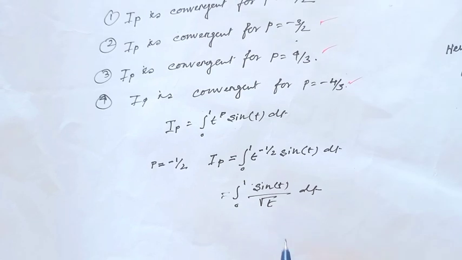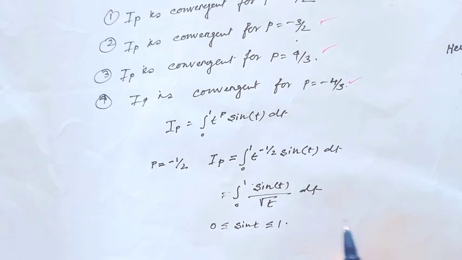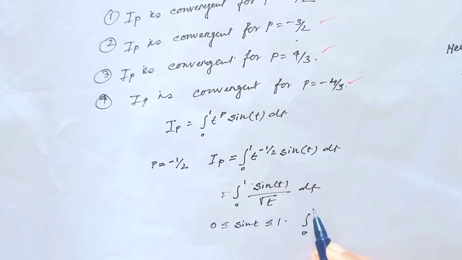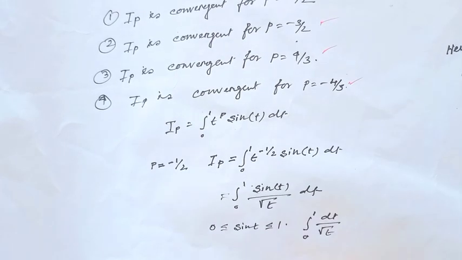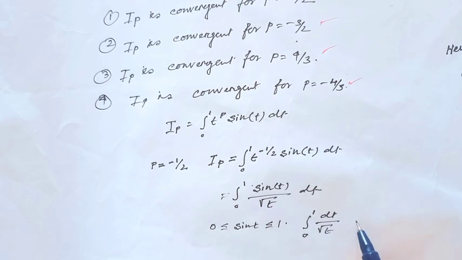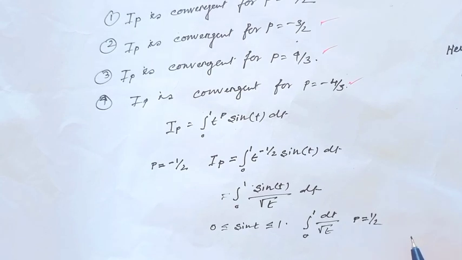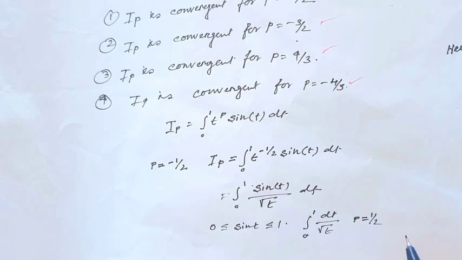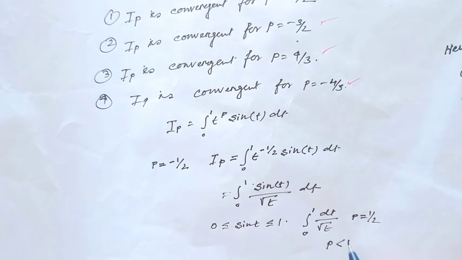And all of us know 0 is less than or equal to sin t, which is less than or equal to 1, so this is less than or equal to the integral from 0 to 1 of dt over square root of t. Since here p equals half, as I have seen a few minutes ago, the integral from 0 to 1 of dt over t to the power p is convergent when p is less than 1.